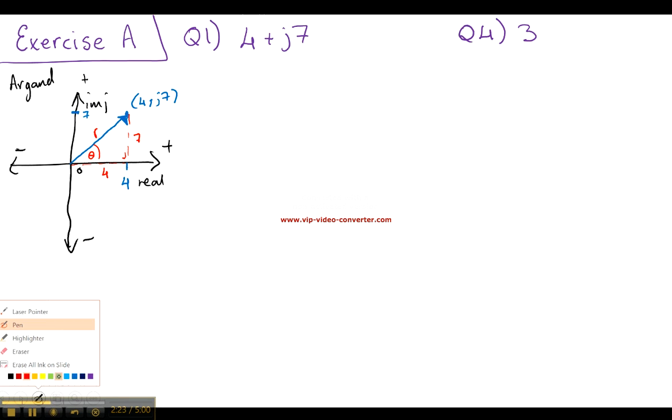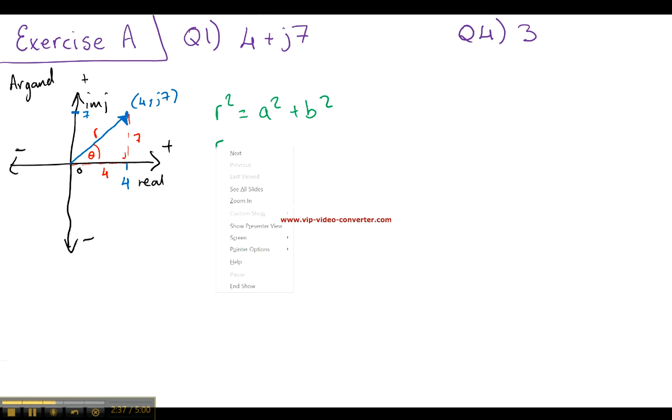So let's pick a color here. Well, we know r squared equals a squared plus b squared. So r, which we're trying to find, equals the square root of 4 squared plus 7 squared.